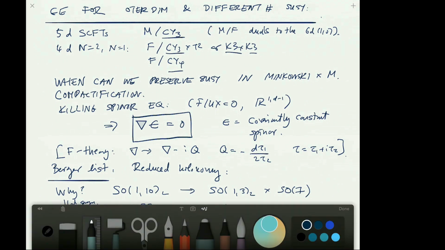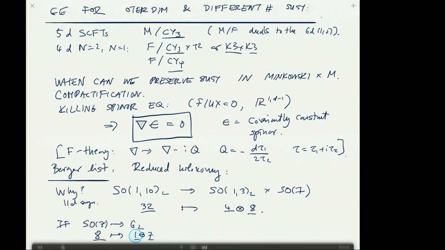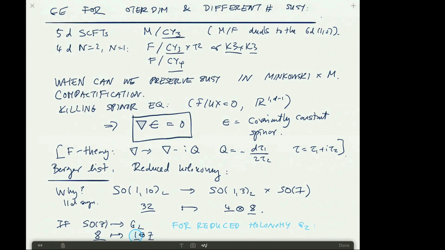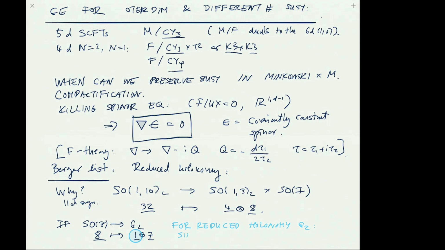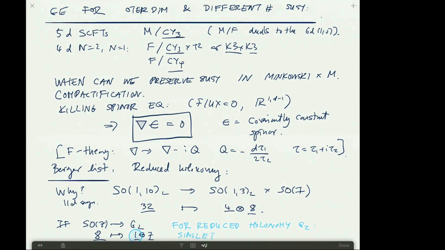And this is now a totally different game because now we actually have a singlet and a chance that this will transform trivially under this reduced holonomy group G2. Right, so we actually get a singlet, so at least there's a singlet epsilon.